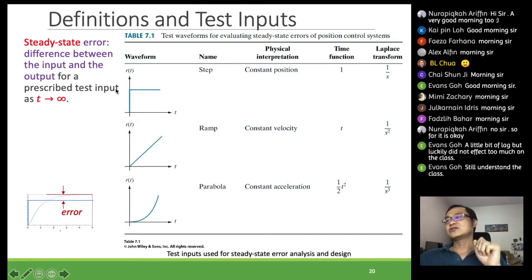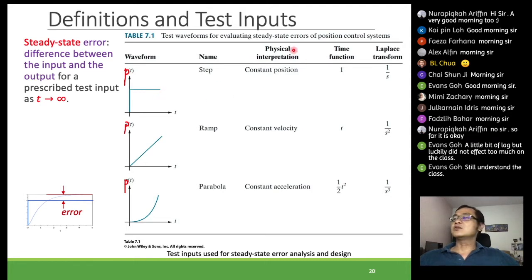so let's say this is a position control. If these three curves represent position control, when we give a step input, we would want it to maintain a new position over a certain time.